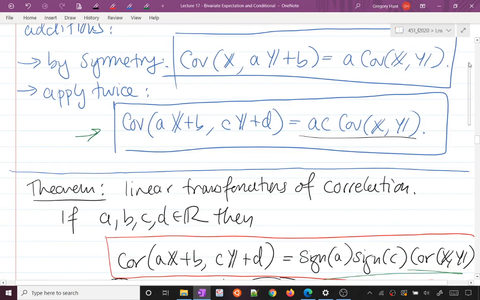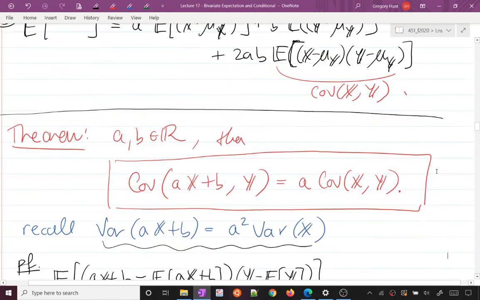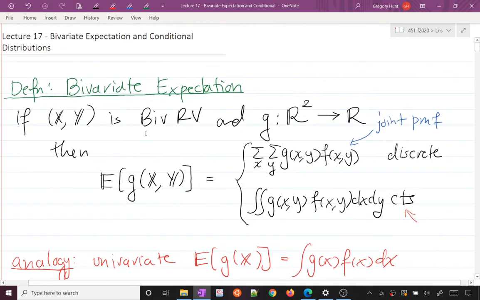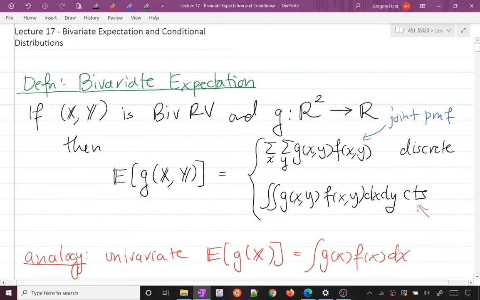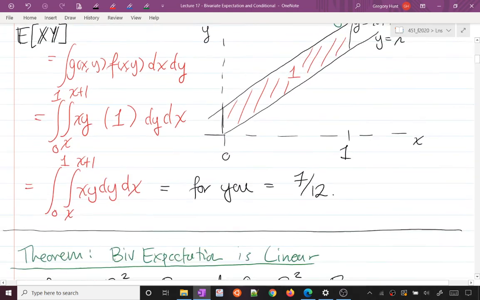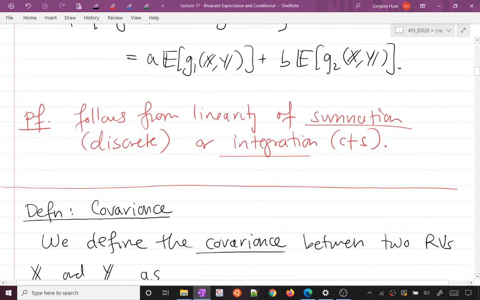Let's do a real quick recap of what we did today. Go all the way back up to the top. So we started today, we're going to talk about bivariate expectation. We talked last time about bivariate random variables. Now we're going to talk about bivariate expectation. And we had this one example of the expected value of x times y. We had some properties, it's linear.